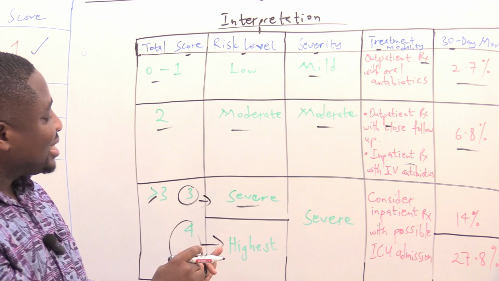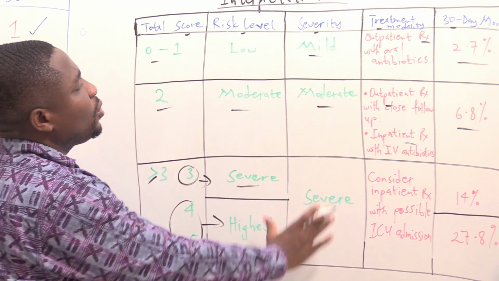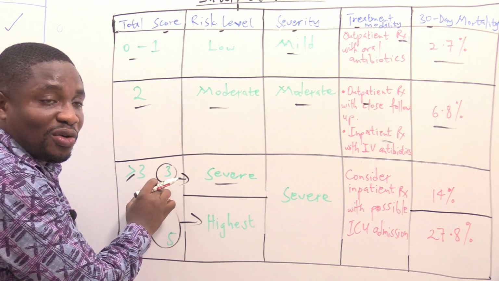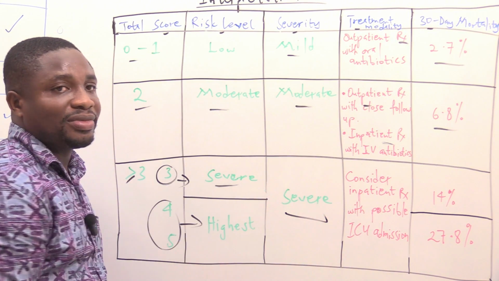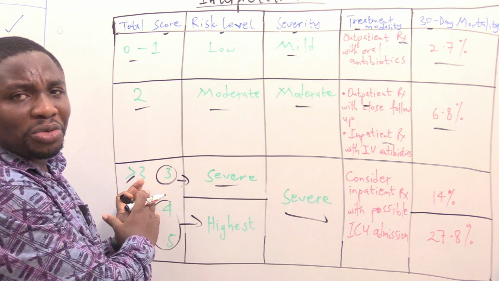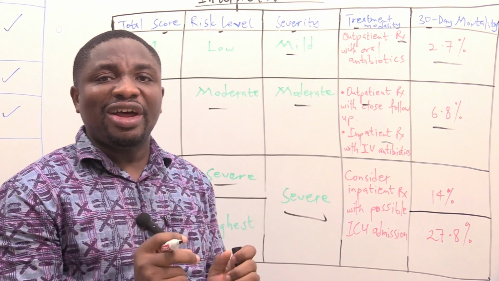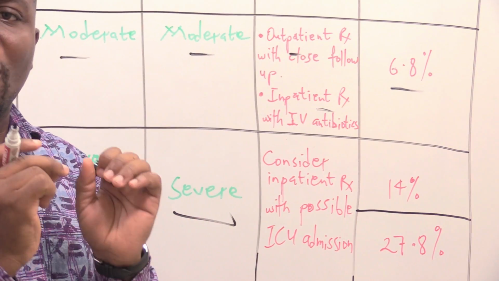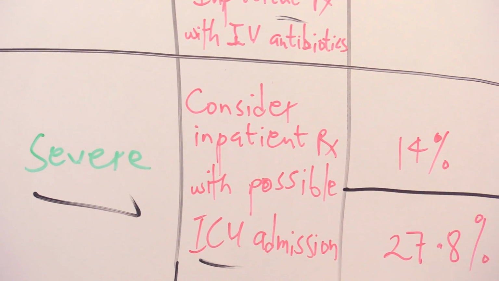Then for the severity, for a total score of 3, 4, and 5, the severity will be severe. Now, for the treatment modality for a total score greater than or equal to 3, you are going to consider an inpatient treatment with intravenous antibiotics with consideration for a possible intensive care unit admission.